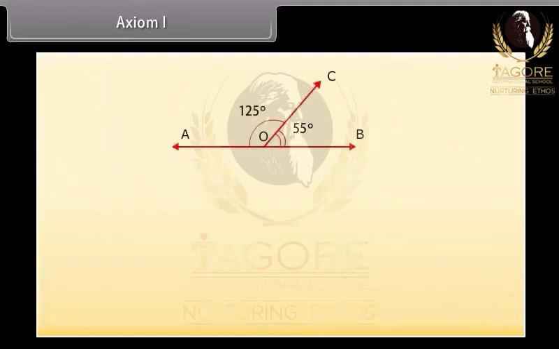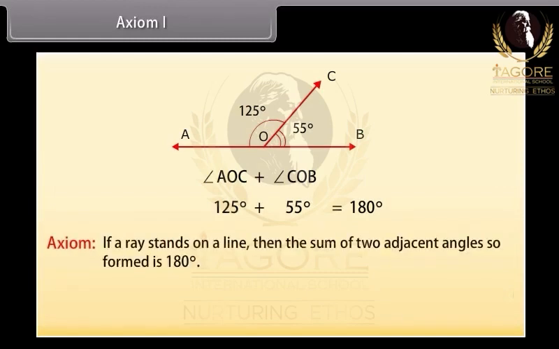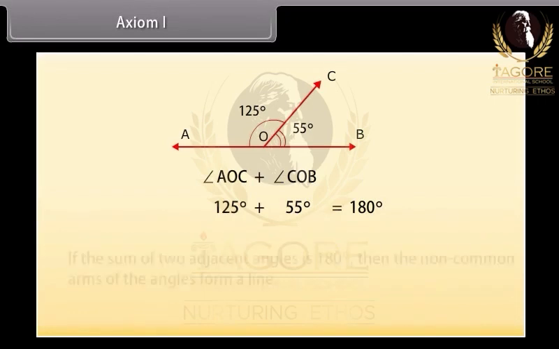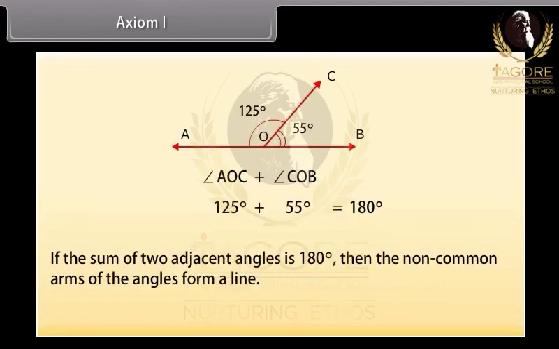Also, we can see that angle AOC plus angle COB is equal to 125 degrees plus 55 degrees, which is equal to 180 degrees. From this, we may conclude that this statement is true. And we can state it in the form of another axiom, which is, if the sum of two adjacent angles is 180 degrees, then the non-common arms of the angles form a line.